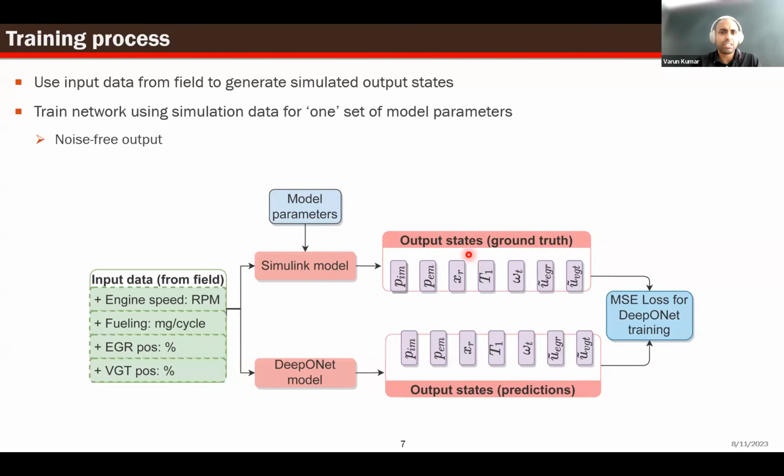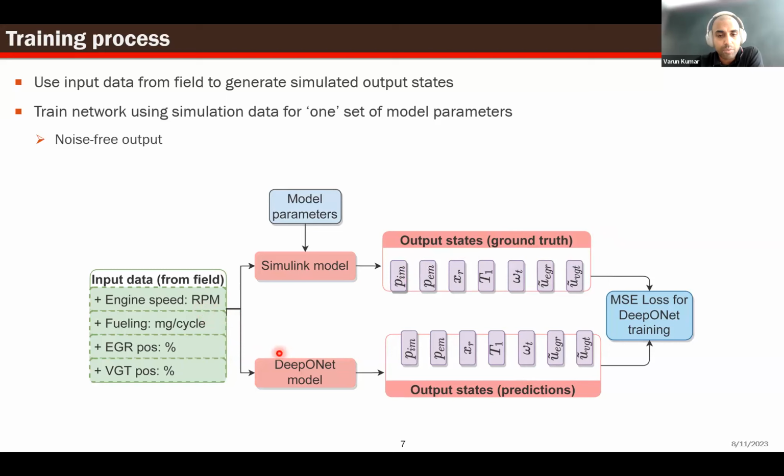So the training process is shown in the schematic that I have here. We have input data which comes from the field in the form of speed, fueling, EGR position, and VGT position. Then we use the Simulink model, which Kamal talked about, to generate the output states. These output states are the ground truths that we use to train the model.